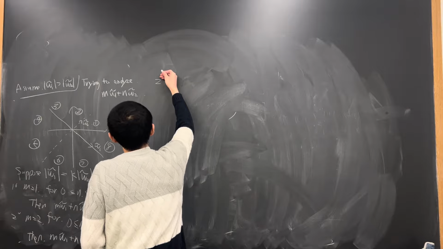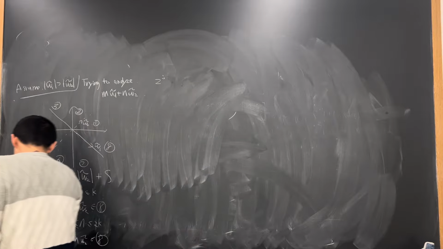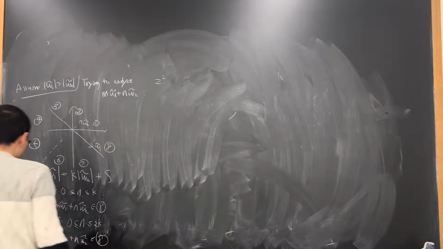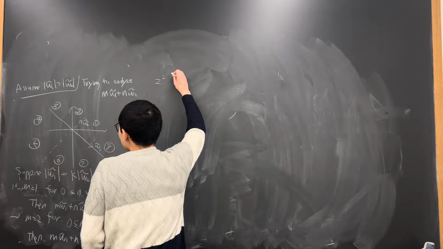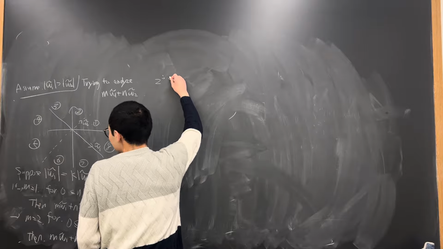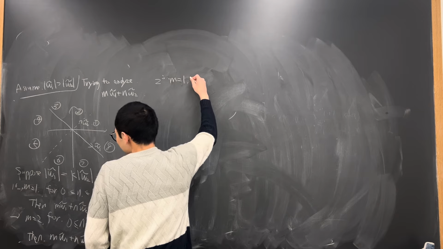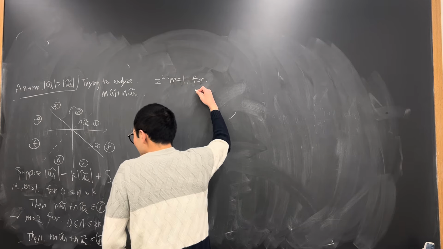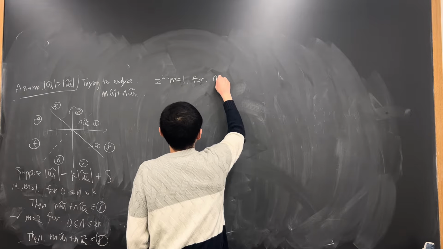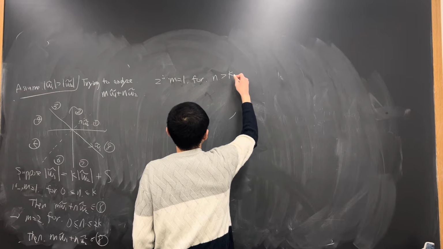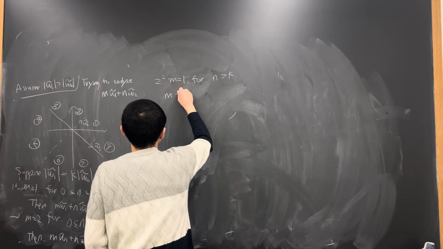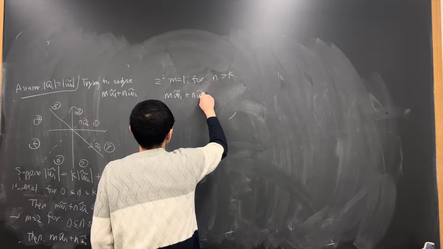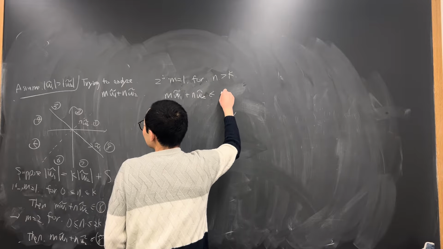So now let's talk about this region 2, right? So m equal to 1, m equal to 2. So let's see, m equal to 1, and now I want this n to be bigger than this k, right? So then I have m omega tilde 1 plus n omega tilde 2 is in these two.